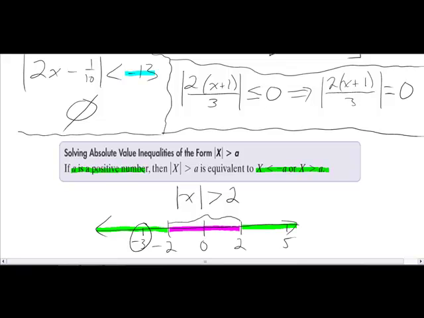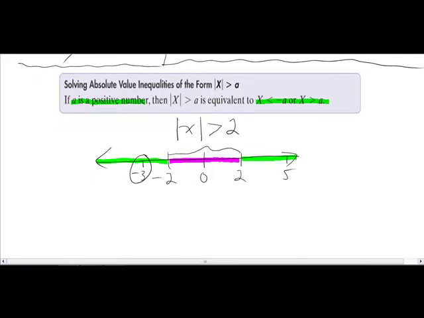The green ones on the outside are what we're looking for in this case. So that is why we have this compound statement here: x is less than negative a, in this case negative 2, or x is greater than positive 2.